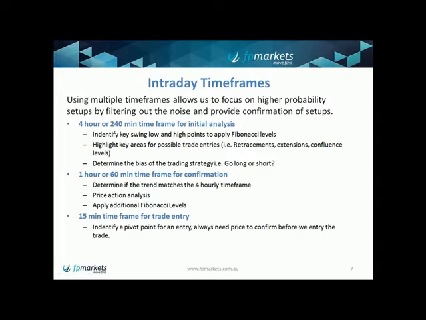The 1-hourly time frame, this time frame I generally use just to act as confirmation. So if I see a downtrend on a 4-hourly chart, then I'm looking at the hourly to confirm that.